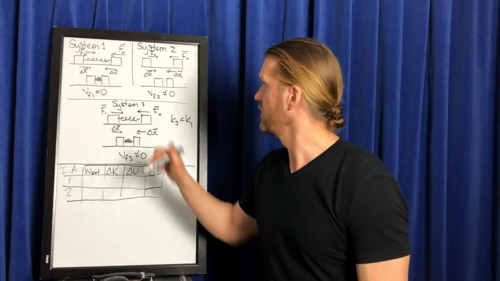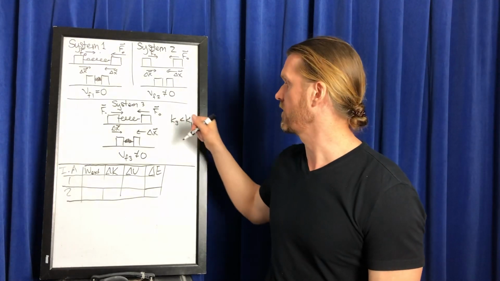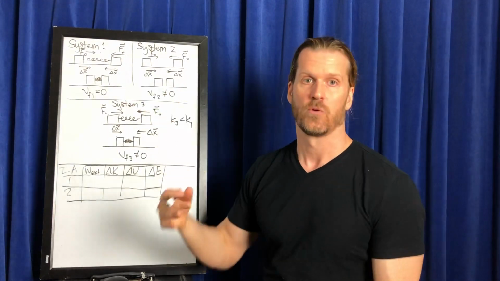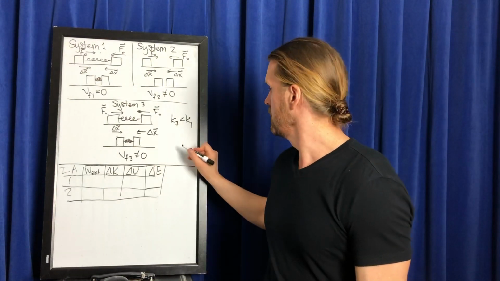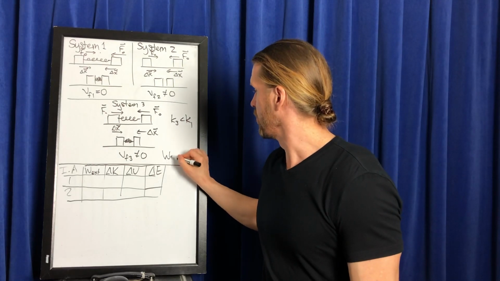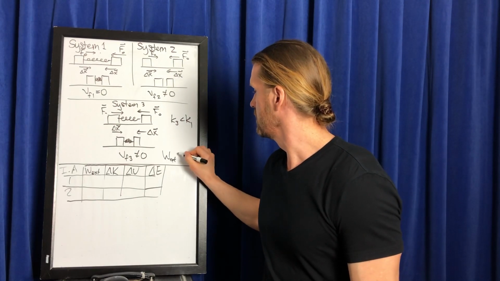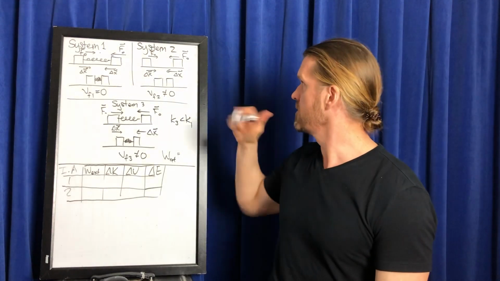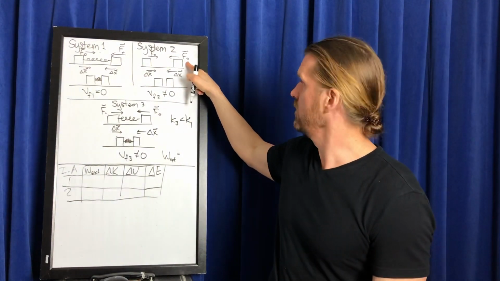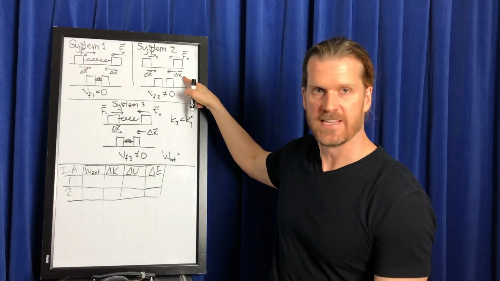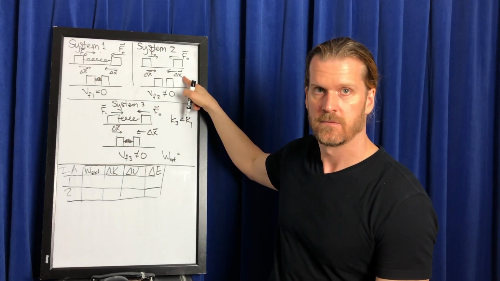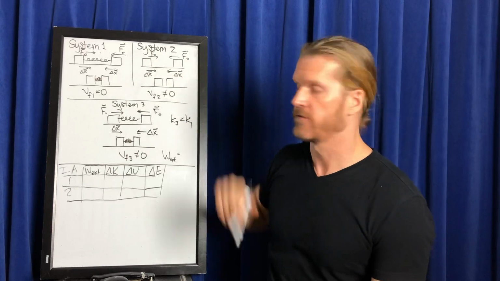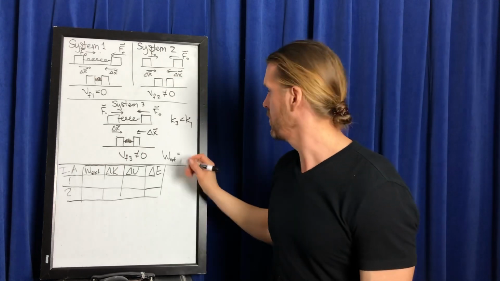So the work is positive on each of the blocks. In fact, we could write the value for the net external work done on each of these systems. It's F0 times d0, the displacement, times 2, because it's done on each of those blocks.